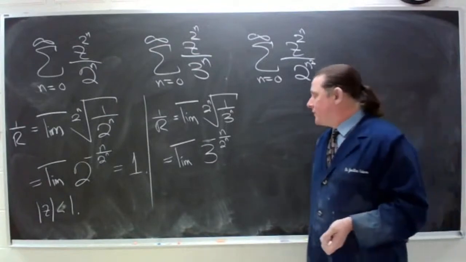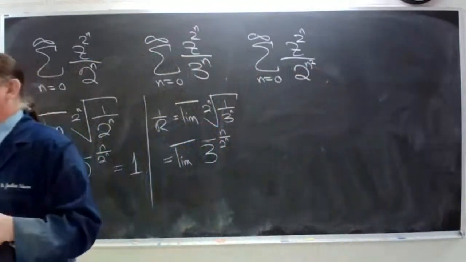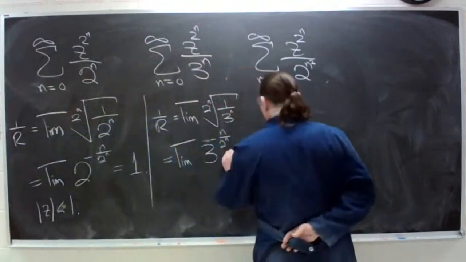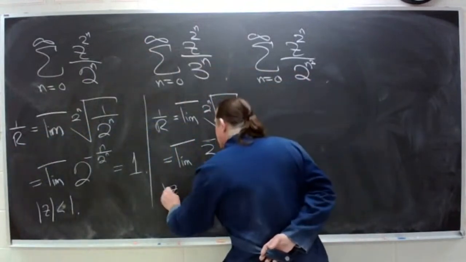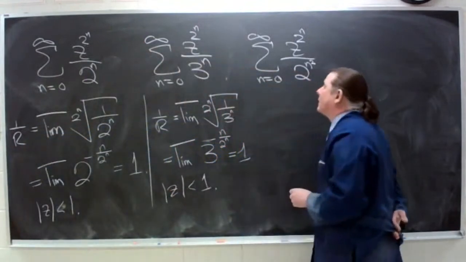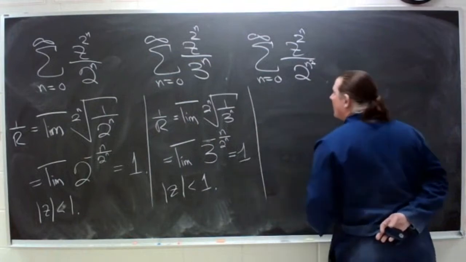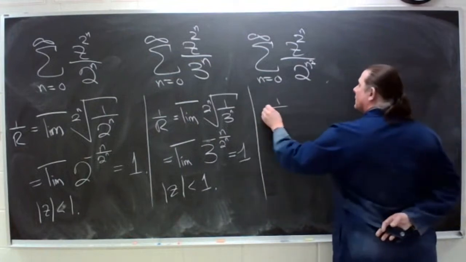As n goes to infinity, once again, 2 to the n beats n. This becomes 3 to the 0, which is 1. So this converges on the same disk of convergence. All right? How about this one?